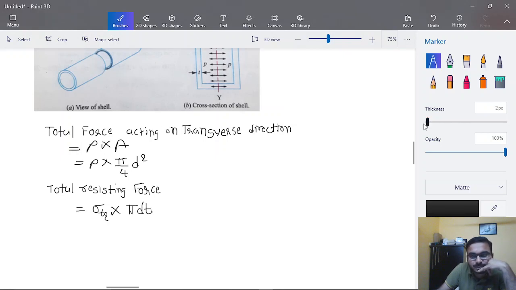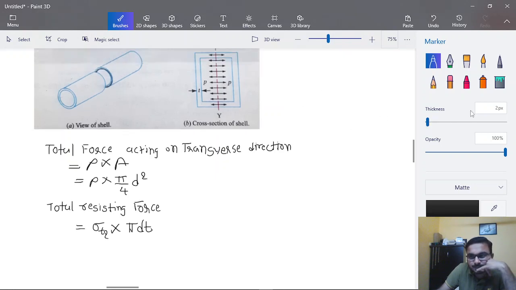If you carefully see this portion over here, let me show it. This area, if you calculate, will be pi d into t.